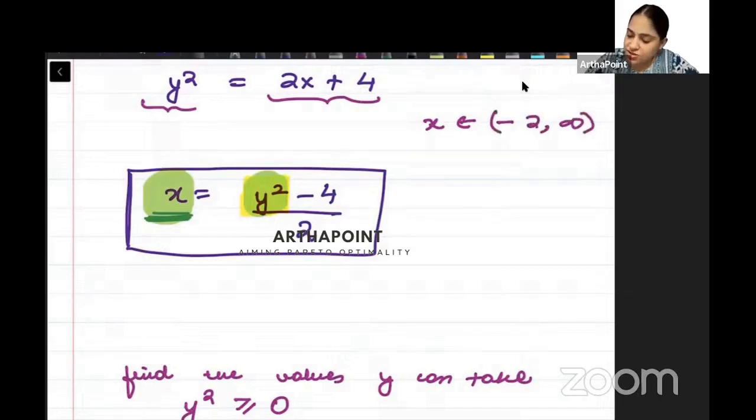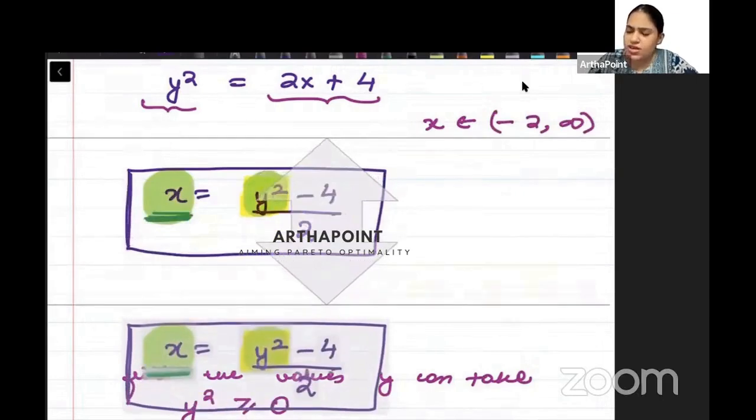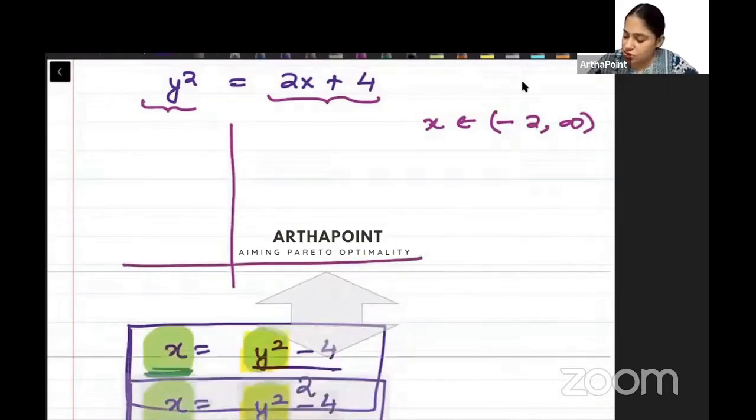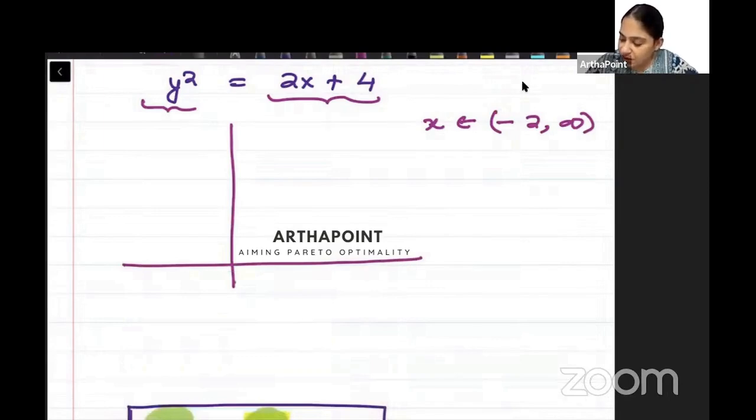If we look at this graphically, which the book does not explain, when x is -2, 2 into -2 is -4 plus 4, so y square will be 0.